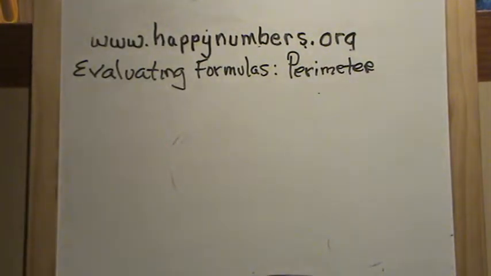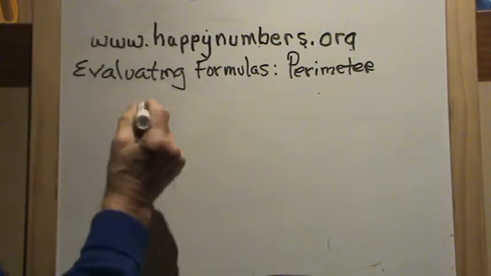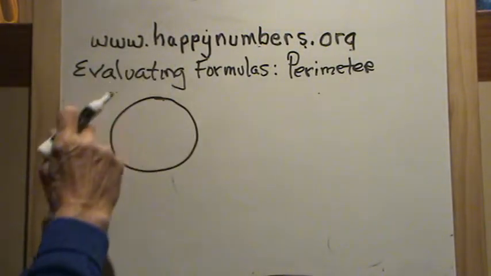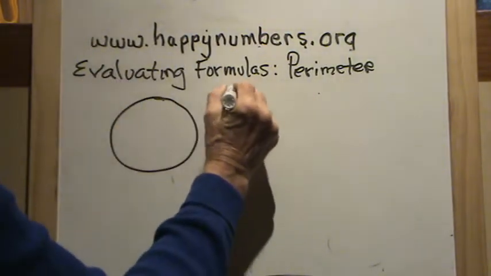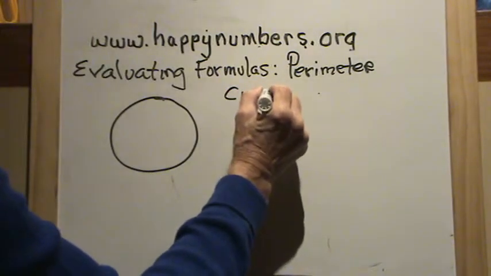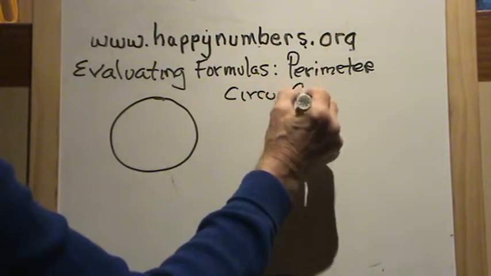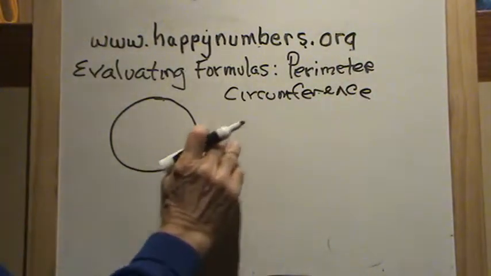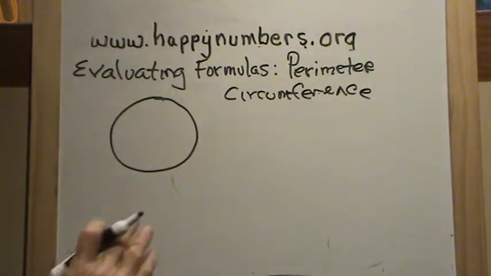Okay, now here is a very special case: a circle. Now, the distance around a circle is not called a perimeter. It's called a circumference. Don't get frightened by the big word, I know you've heard it.